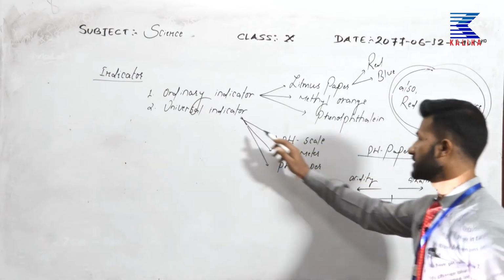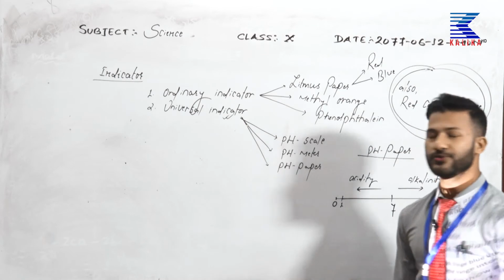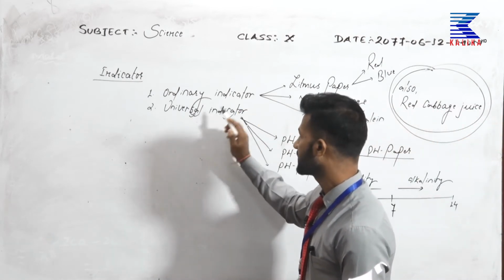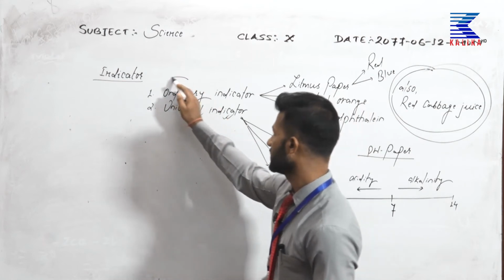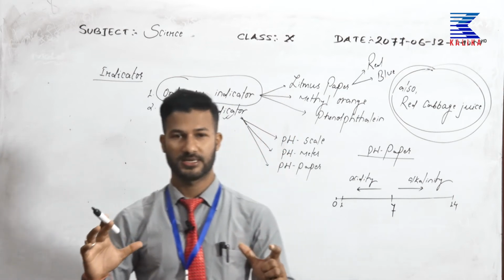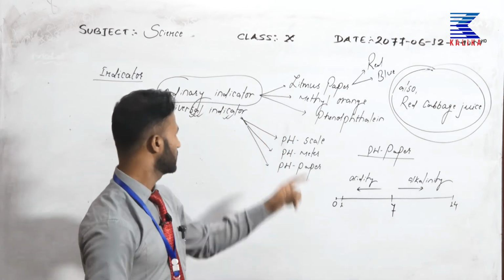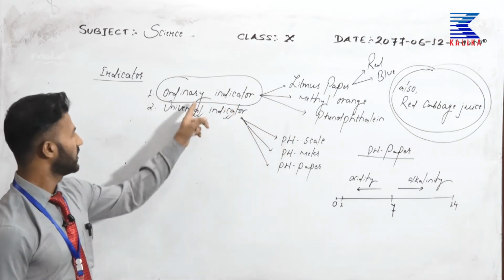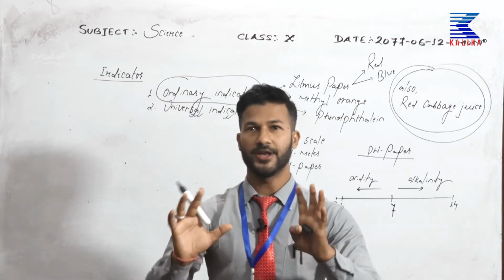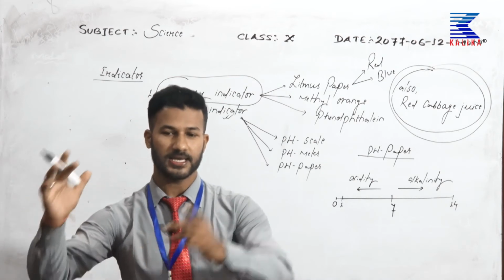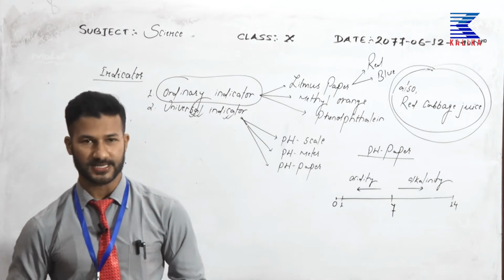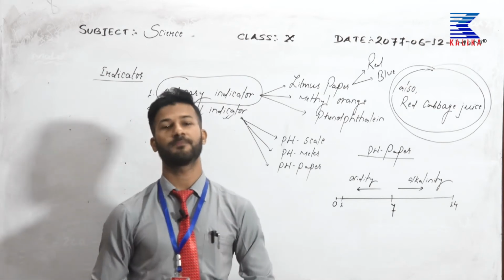See, another type of indicator, universal indicator. Before I move completely to universal indicator, let me first mention what raw materials we use to prepare ordinary indicators. Ordinary indicators are, let's say, fully organic. I mean to say, ordinary indicators are made from different parts of plants.